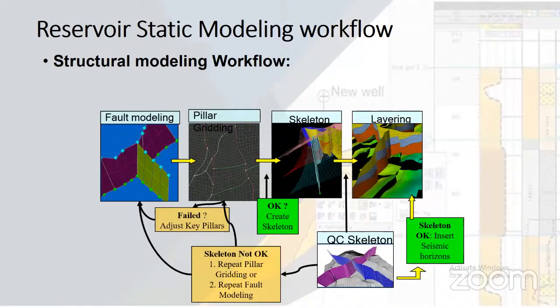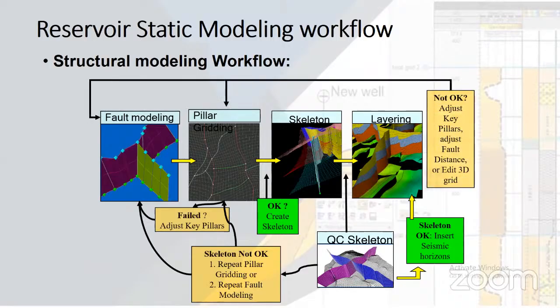If it's okay, we can go to the vertical gridding. So as you can see, in the structure modeling, first of all, we start with fault modeling, then XY gridding, then Z gridding, or the vertical gridding, which is called layering.